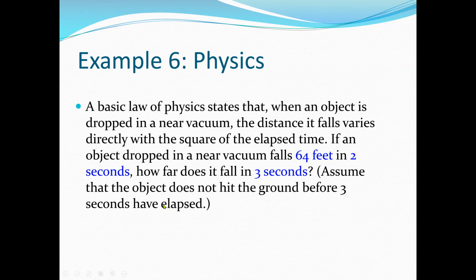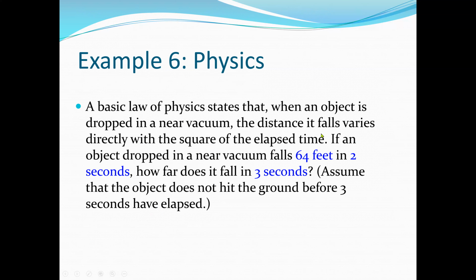Assuming that the object does not hit the ground before 3 seconds have elapsed. Now they give us the theory here already. They say the basic law of physics says that when an object is dropped in a near vacuum, the distance it falls varies directly with the square of the time.